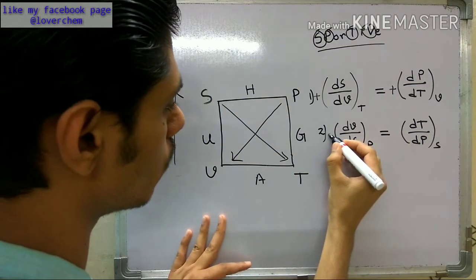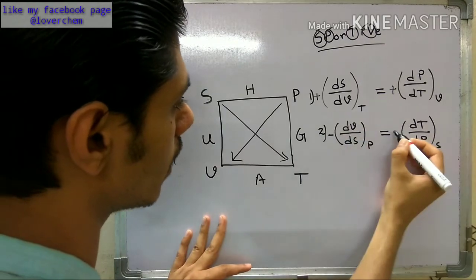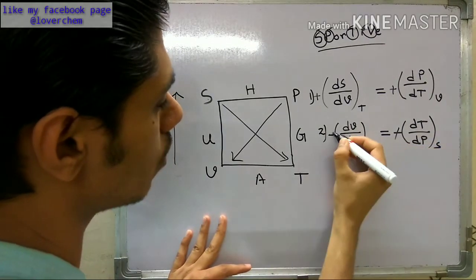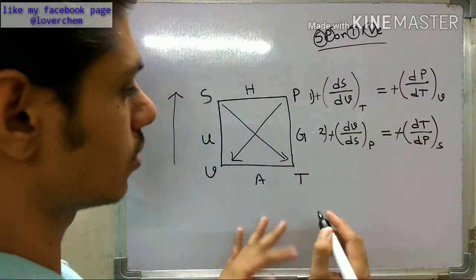So in front of both derivatives there will be a negative sign, but they will cancel out each other, so you will again get the positive relationship.